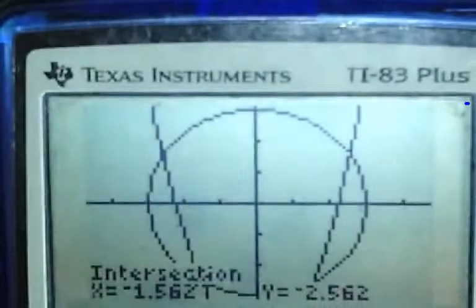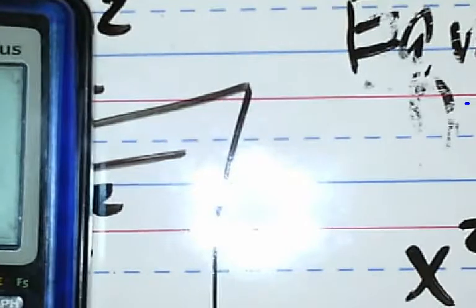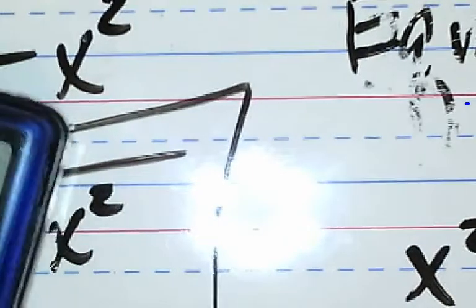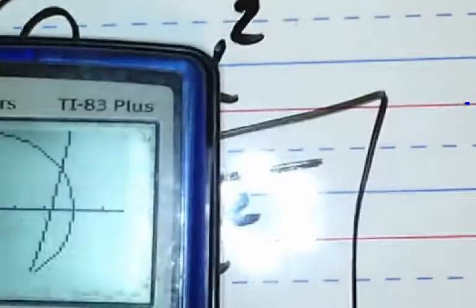Well, it's negative 1.562 and negative 2.562. How about that? Now, that's the left one.